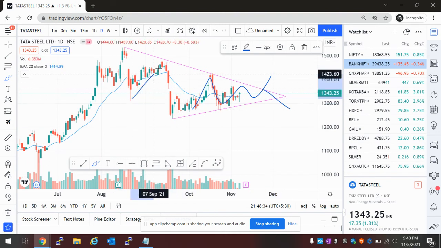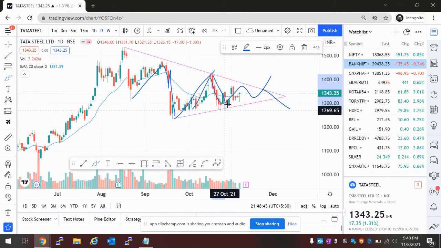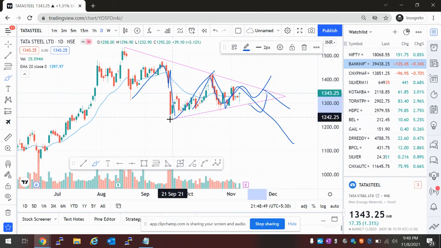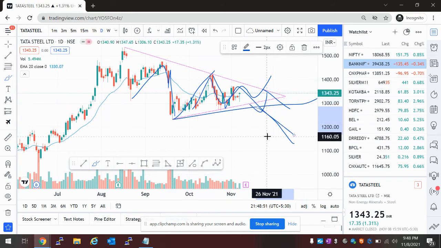See, this is the high, then this is a bigger low. I am expecting, if it breaks this trend line, something like 1200 is possible. Tata Steel is at a junction point.